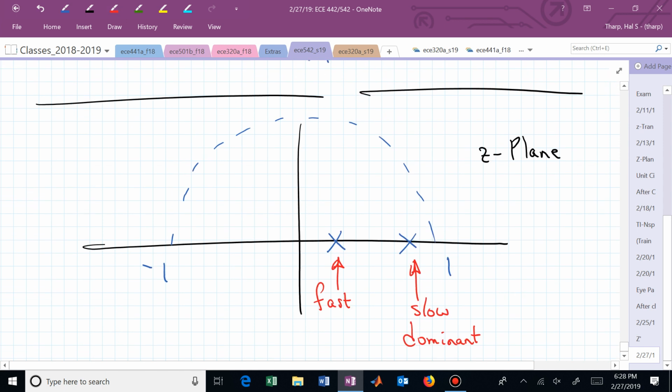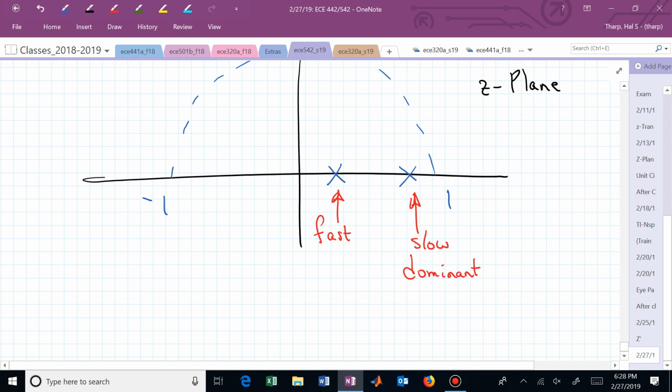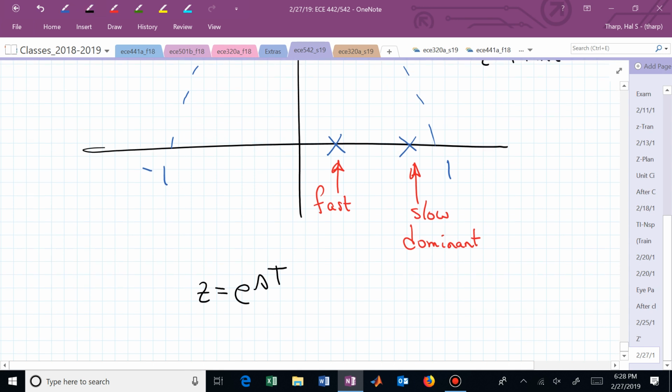And we're actually going to start looking at frequencies on the real line, but also frequency response along the unit circle. Meaning, we now have this relationship of z is equal to e to the sT. And if we were interested in the frequency response in the s domain, what do we do with s?